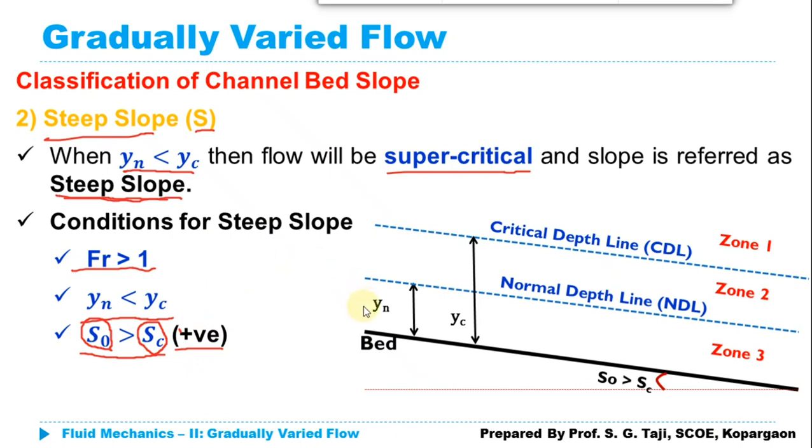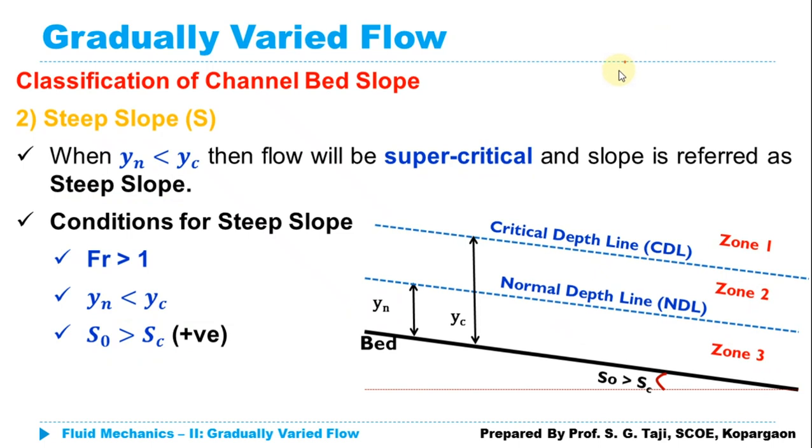Now in terms of the zones, yn is less than yc, so our normal depth line becomes the next lower line and the critical depth line becomes the topmost line. The zone beyond the critical line is zone 1, zone 2 is the space between the CDL and NDL, and zone 3 is the space between the NDL and the bed of the channel.